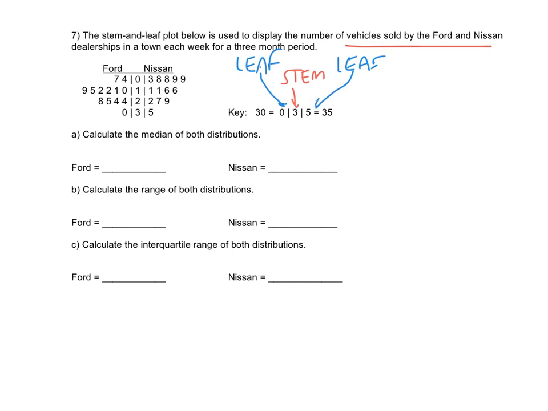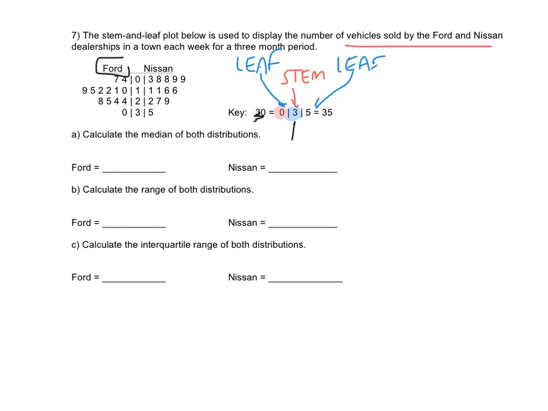So basically, we have to read it from inside out. A stem of 3 with a leaf of 0 to the left corresponds to the number 30. And 30 would be a value for the Ford dealership since that's on the left.